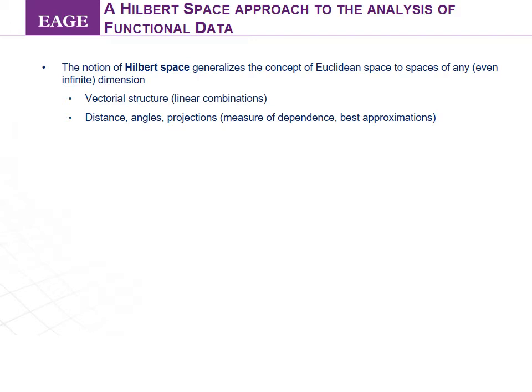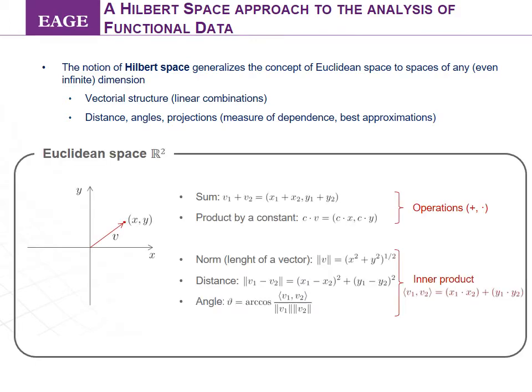So, for example, instead of having a space of vectors, we'll have spaces defined on functions. Similar to the definition of the classical Euclidean spaces, we'll have some analogy to that. I'll first introduce the idea of Euclidean spaces and extend that to functions.